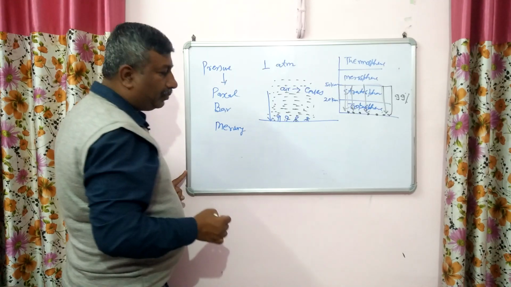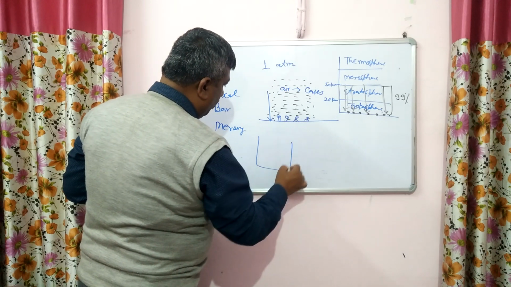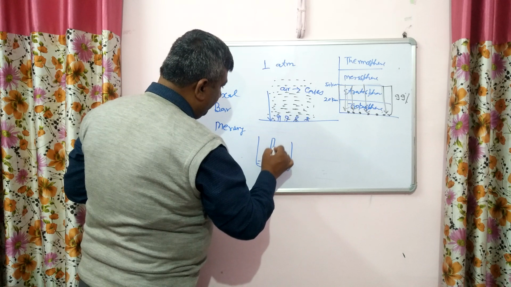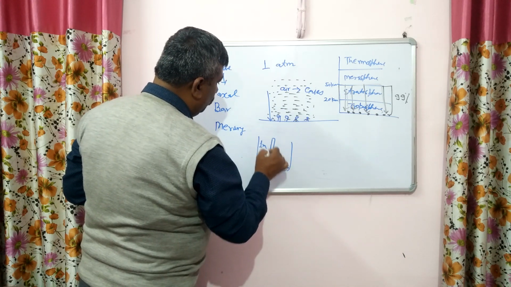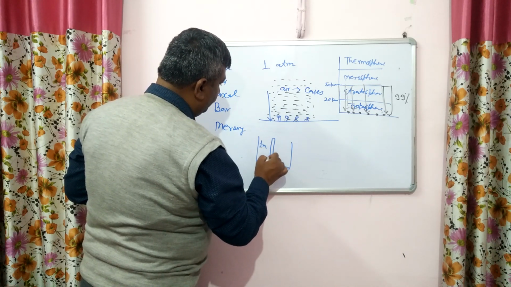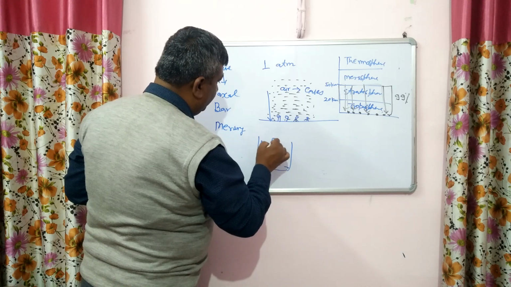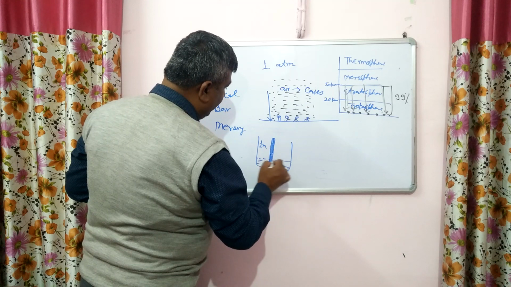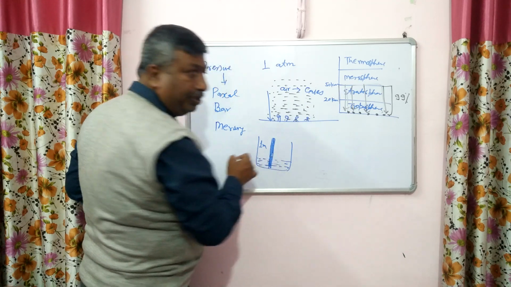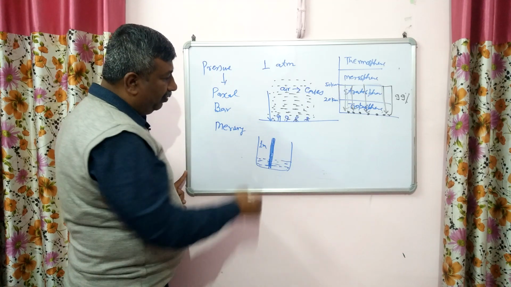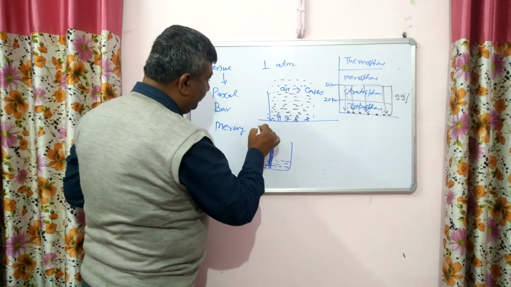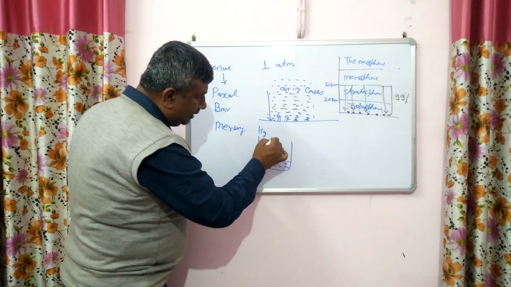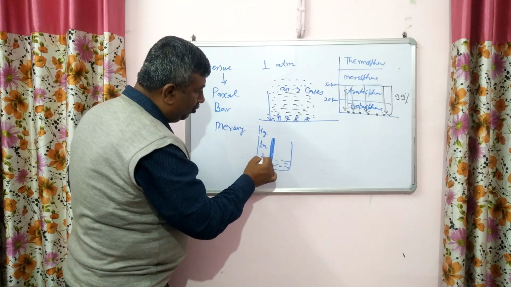Mercury. If there is a pot filled with mercury, and we keep a 1 meter tube filled with mercury, it is already filled with mercury, and this pot already contains mercury, and we put this filled 1 meter tube into it, then this pressure becomes equal to this pressure.